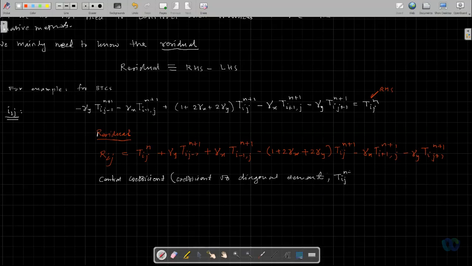So the central coefficient is represented as Aij, which is equal to, what is that? The central coefficient is 1 plus 2 gamma x plus 2 gamma y. This is from this equation, not from the other equation, otherwise negative signs will come and everything will get disturbed. This is Aij.